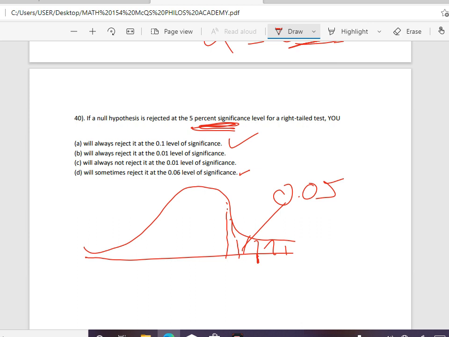All the values above it, you can still reject. But below it, you can't tell straightforward if you reject it or not, unless you do your computation. So if you are rejecting something at 5%, then at 10%, it will always be rejected. So the answer for this is A.